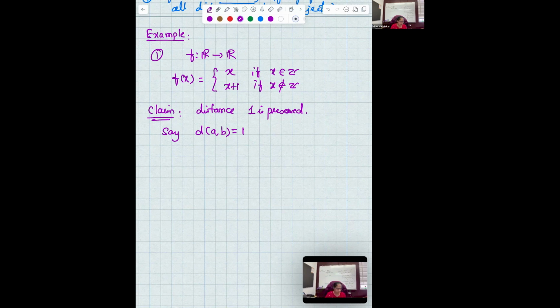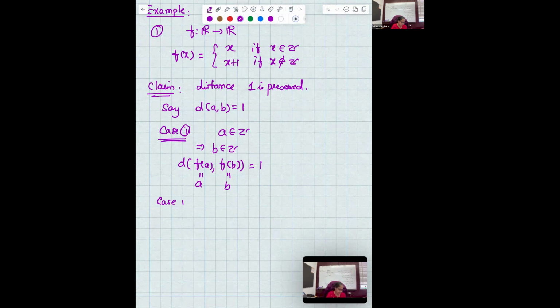We can consider two cases, and this is very straightforward. Suppose a is an integer, and that forces b to be an integer, and so the distance between f(a) and f(b) is just going to be 1, because this is a and this is b.